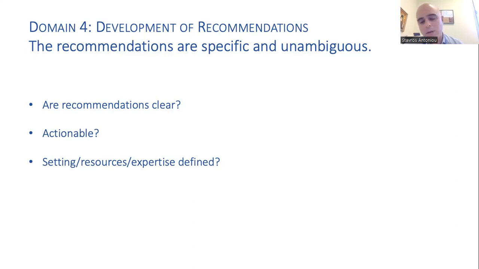So a recommendation needs to be very straightforward. We recommend this or that. We suggest this or that, or alternatively, we suggest against that. And the rest of the document needs to justify the recommendation. So the recommendation needs to be very, very specific and actionable.